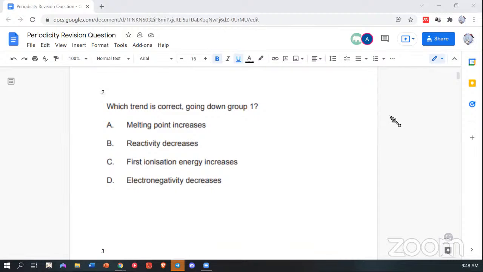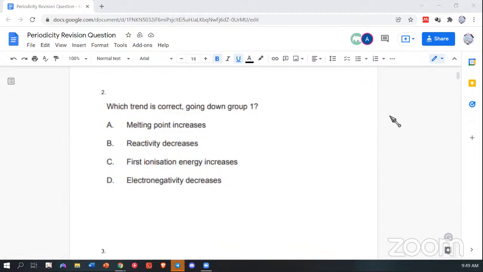When we talk about melting point, if we want to remove the outer electron easily, the melting point will decrease, because the energy needed to remove that valence electron is lower since it is further away from the nucleus. So A is definitely wrong, because the melting point down group 1 should be decreasing.